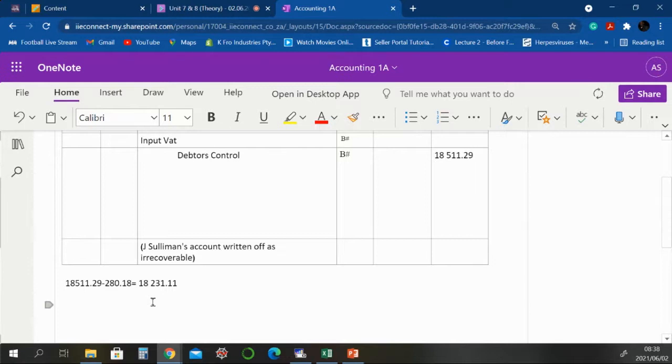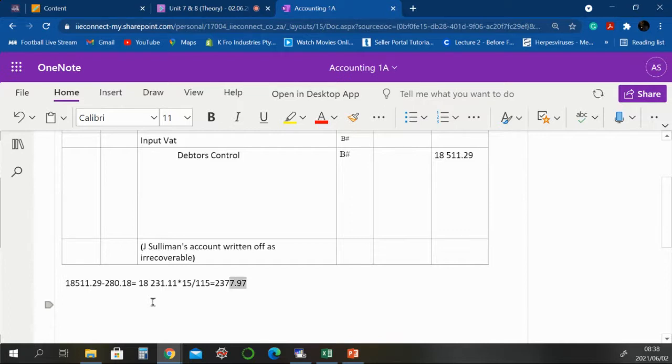Now we can then say, what is the VAT portion of this? So then we say, okay, times 15, what we want, the VAT amount, divided by 115, what do we get? $2,377.97.